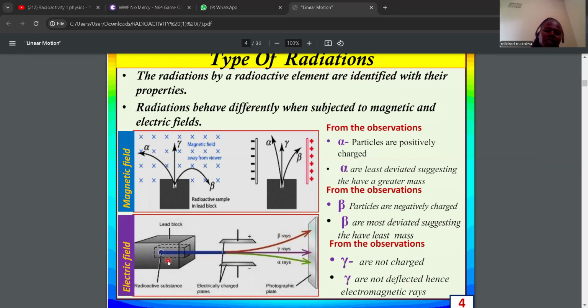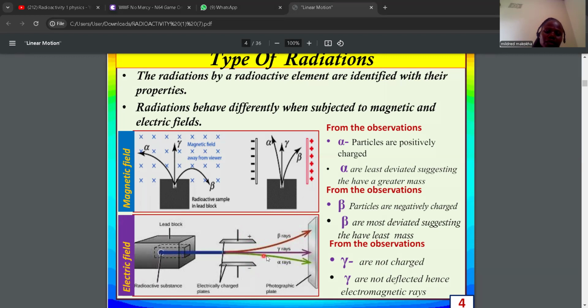So for instance, if we take it that the radiations emitted are three, the alpha, beta, and gamma rays, then the radiations will come out in a straight line at the start. But when they reach the position where we have the electric field, with the upper plate being positively charged and the lower plate being negatively charged, their behavior will change.